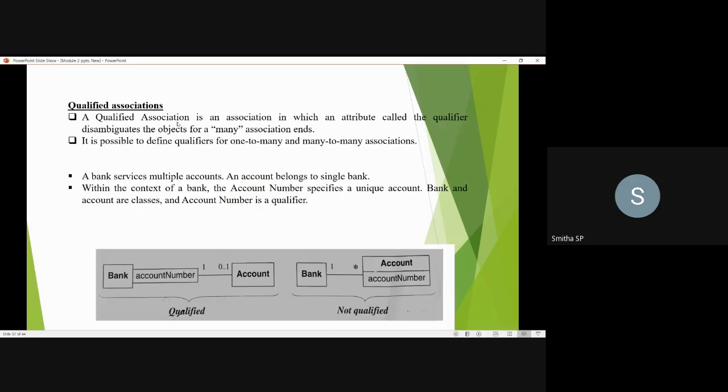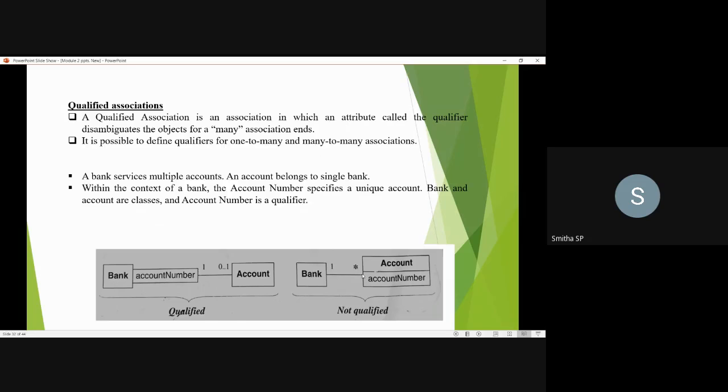And a qualified association is an association in which an attribute called the qualifier disambiguates the objects. Here account number is an attribute, so it is used as a qualifier to disambiguate the objects for a many association end. Here bank and account are the classes.